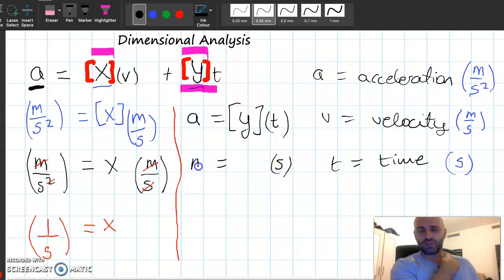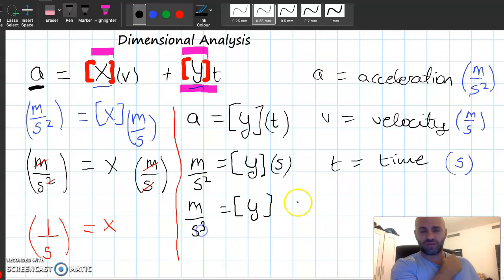This one is measured in meters per second squared. Now I can apply a little bit of algebra. If I divide on this side by a second, that will get rid of this one, but I also have to do the same thing on the other side. That gives me meters per second to the power of 3.